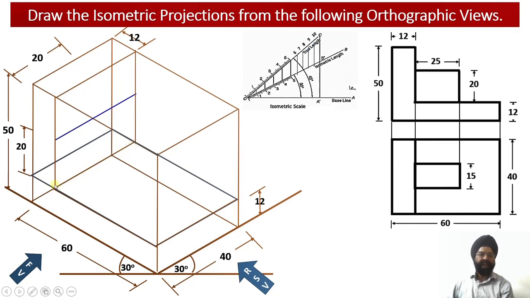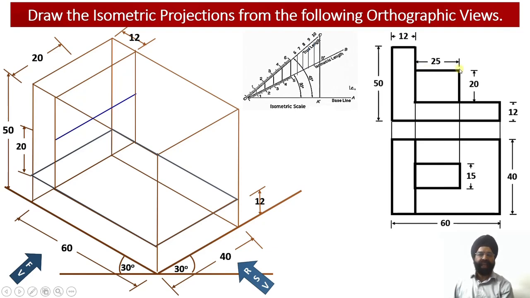From here I have marked this distance equal to 20 millimeter and drawn a blue reference line, which is going to give me the top surface of this rectangular web.